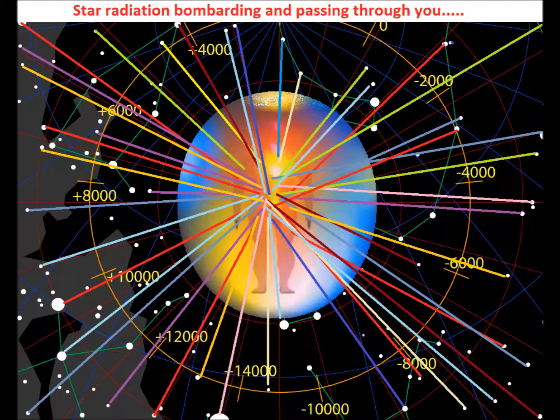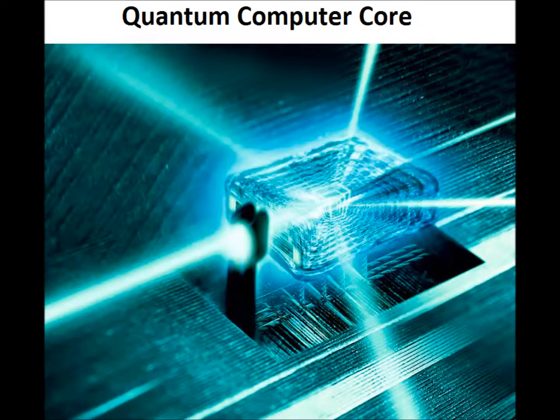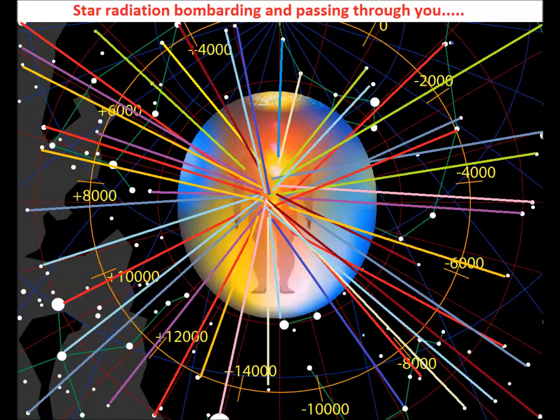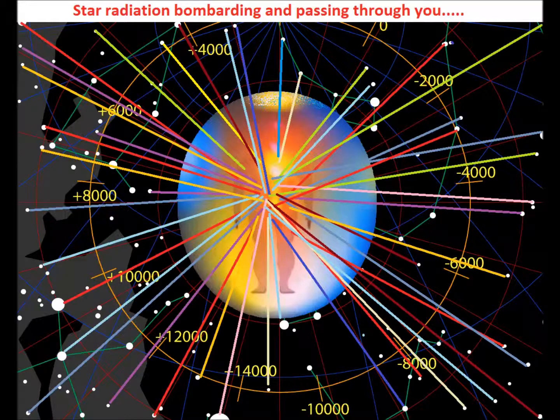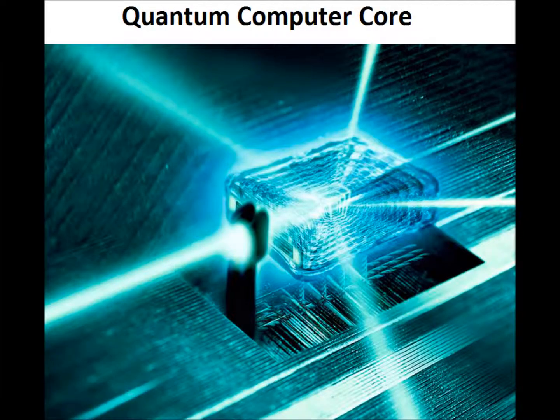The radiation produced by the stars that make up the zodiacal belt are passing through and bombarding all life on Earth from all directions. This is a mirror image of integrated sensor and computer equipment. All life on Earth is at the core of some kind of computer or sensor.